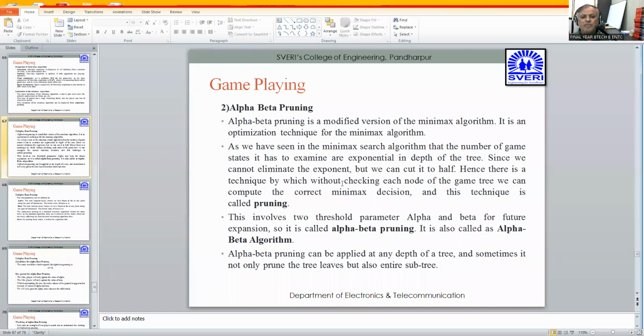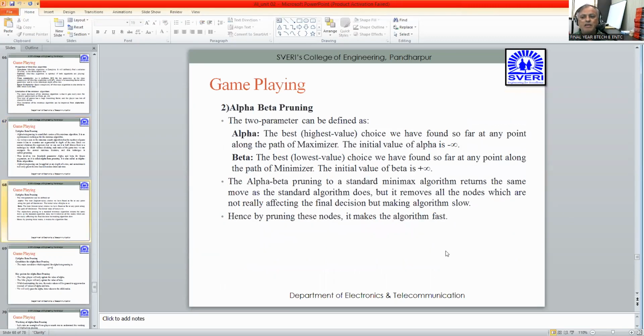Since we cannot eliminate the exponent but we can cut it to half, there is a technique by which, without checking each node of the game tree, we can compute the minimax decision. So in alpha beta we don't need to go to every node. We only consider the useful nodes which affect the decision, and not the rest, so our algorithm will not be slow, it will be fast.